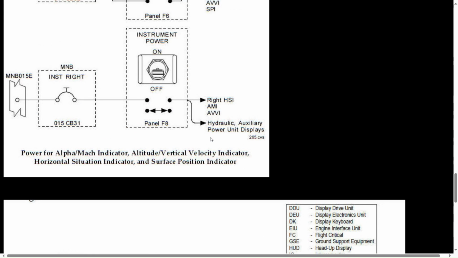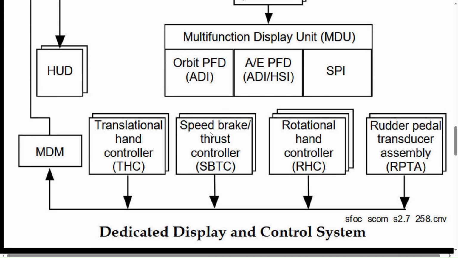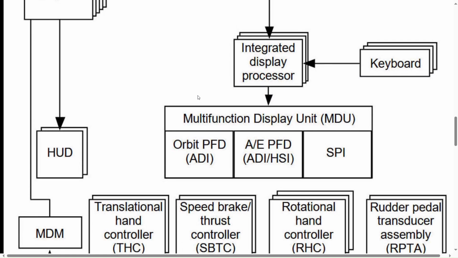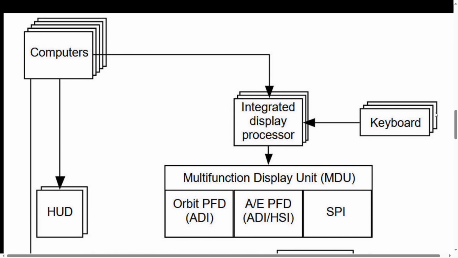We're going to come back up here a little bit so it's not that confusing, but we're working here with the keyboard, and that's part of the system in the schematics, how it comes into the integrated display processor and for the multifunctional display. So here is the multifunctional display unit with the buttons, and it's part of this part right here, SPI.